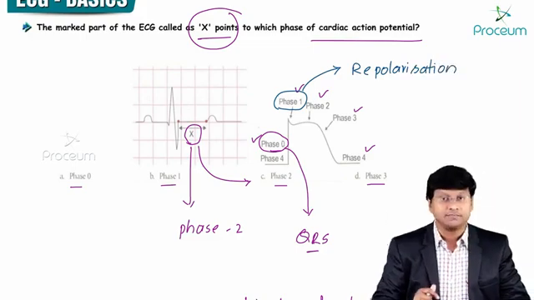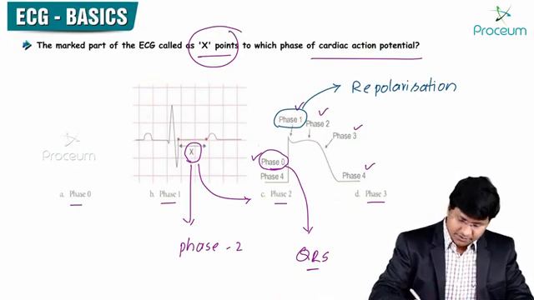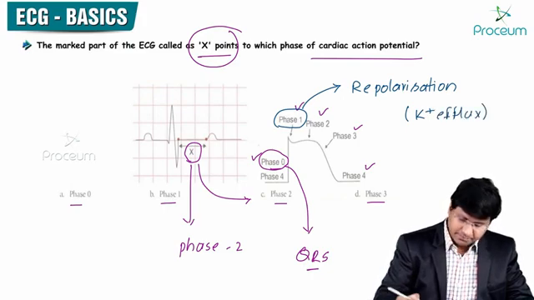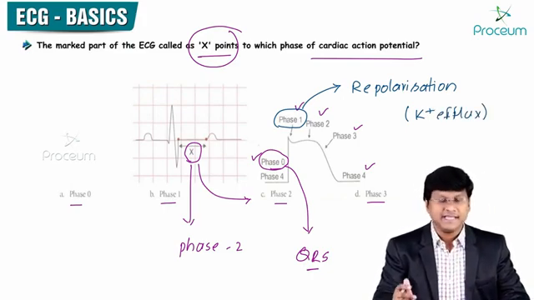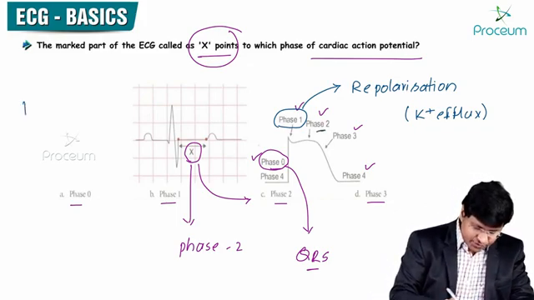So that means what? During phase 1, there will be potassium efflux which will begin. And immediately, what will happen in phase 2?